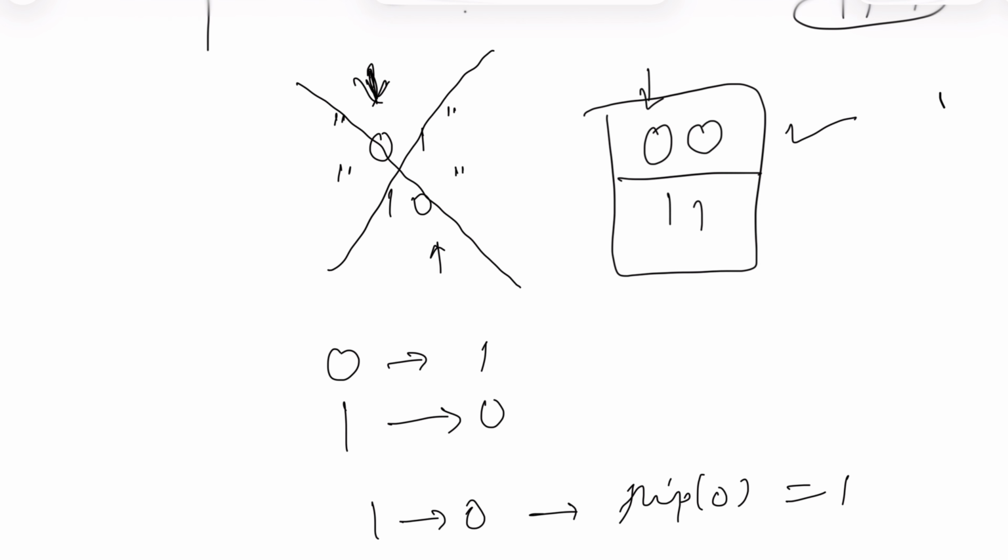Let's call this index i. When i is at 0, we have flipped this one. If i equals 1, we will flip this 0 to 1. In this case you will get 1 1. Correct. So the string cannot exist in the array.